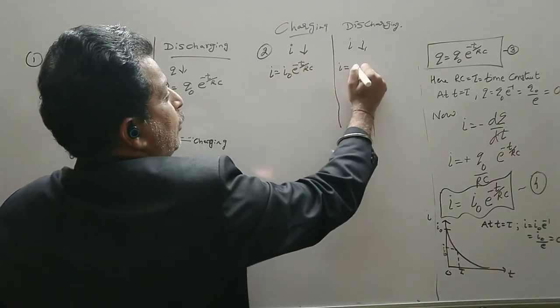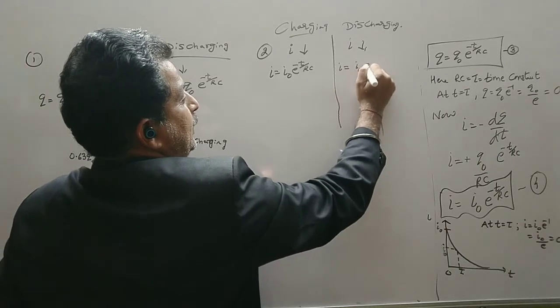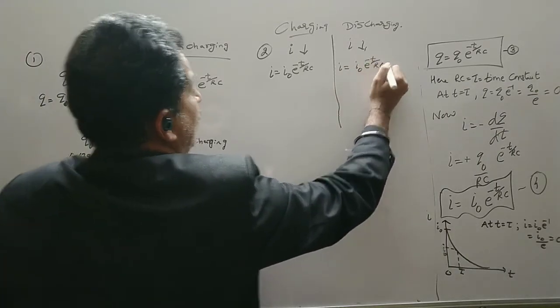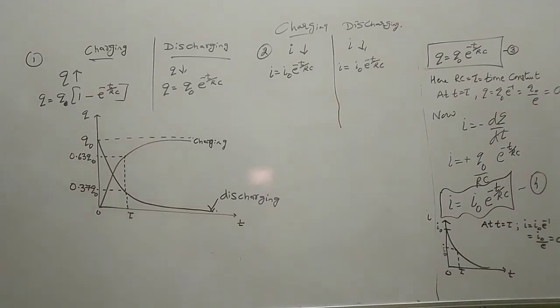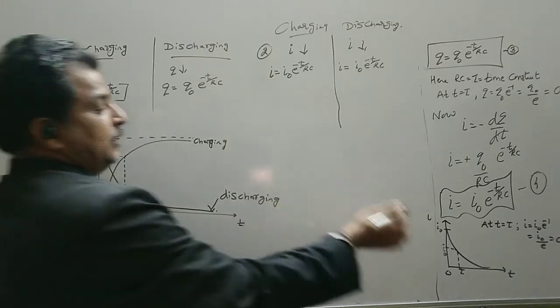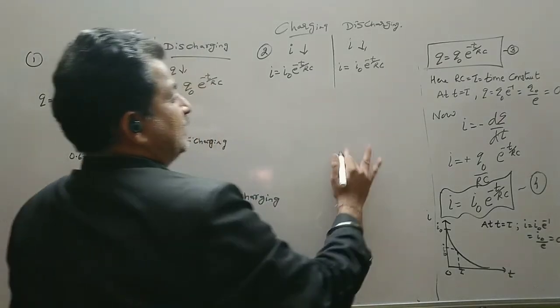Here also we have I is equal to I naught e raised to minus t upon RC. So whether the capacitor is charged or it is discharging, the formula remains same and the graph also remains same.